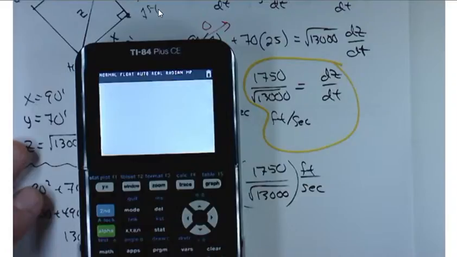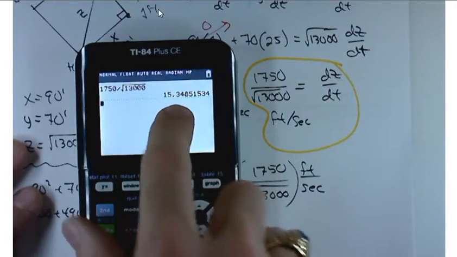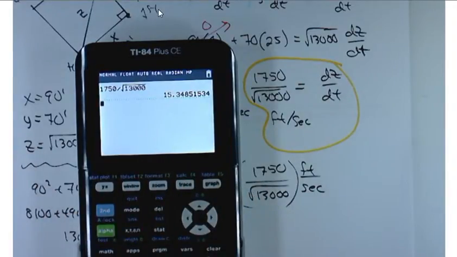15.3 sounds good. 1750. Nah, should be more than that. Oh, 15.3 feet per second. That's moving pretty good. That's about 10 miles an hour, I think. You know, that's not too bad.